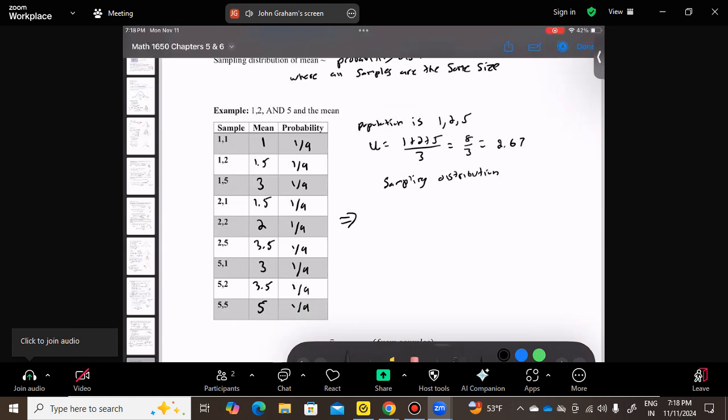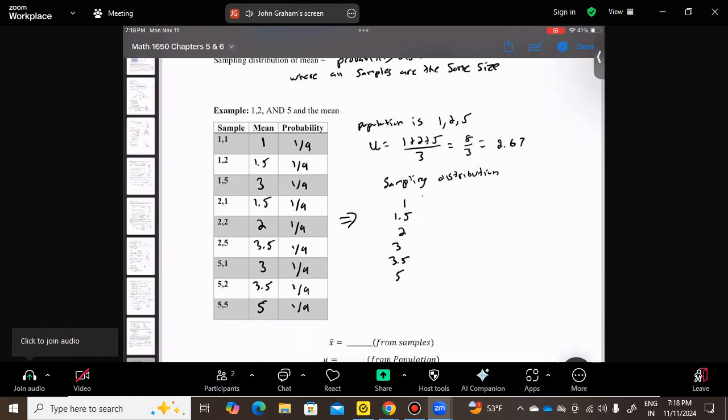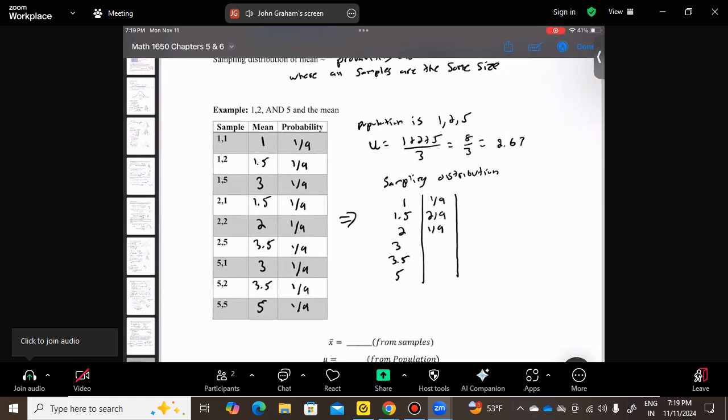So the values we have are 1, 1.5, 2, 3, 3.5, and 5. 1 happens once, so it's a 1 out of 9. 1.5 happens twice, so it's a 2 out of 9. 2 happens once. 3 happens twice. 3.5 happens twice. 5 happens once.